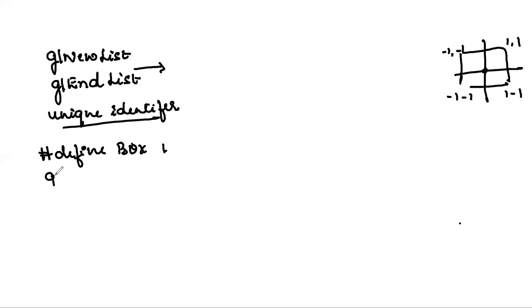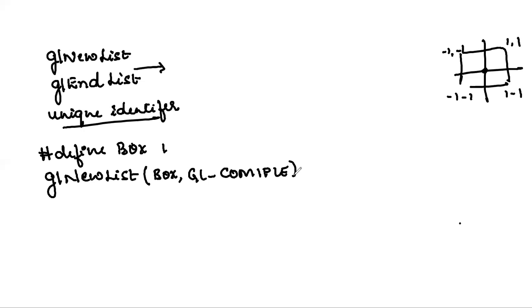Next we write glNewList, which indicates the beginning of the new list, and it is the box. The second argument is GL_COMPILE, where the first one is the name of the list and GL_COMPILE is the second argument.